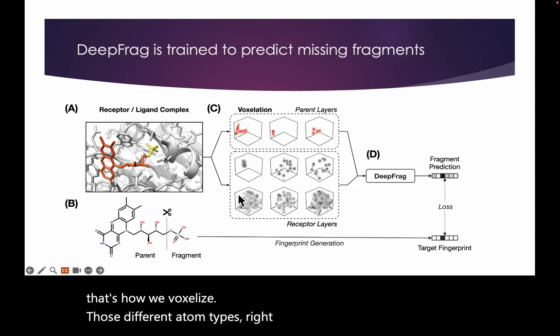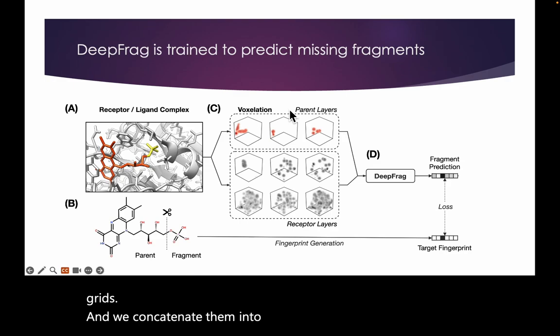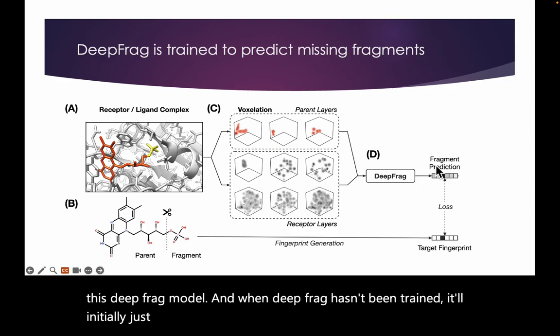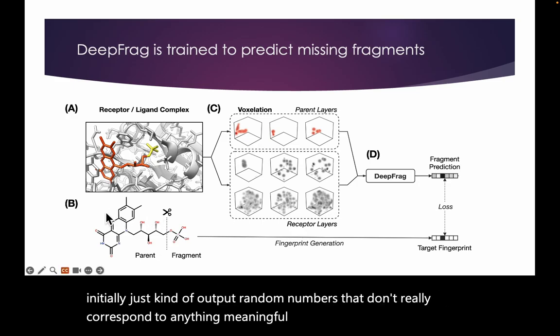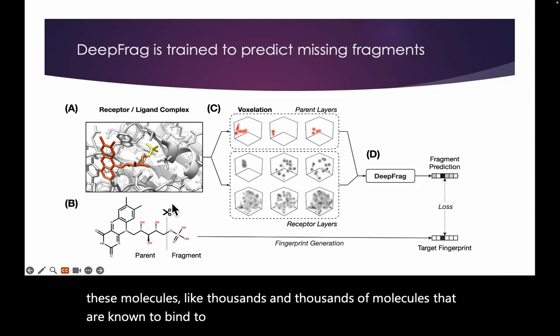And so we take all those voxel grids and we concatenate them into one big tensor, and we feed that into this DeepFrag model. And when DeepFrag hasn't been trained, it'll initially just output random numbers that don't really correspond to anything meaningful. But what we do is we take thousands and thousands of molecules that are known to bind to this protein, and we cut them along a single bond, right?